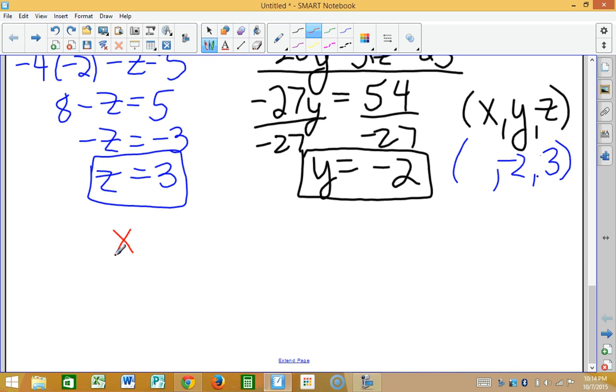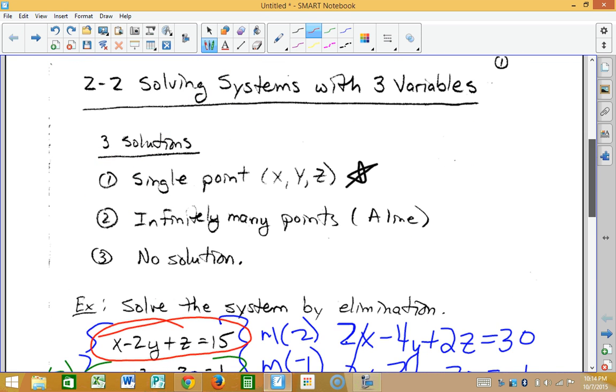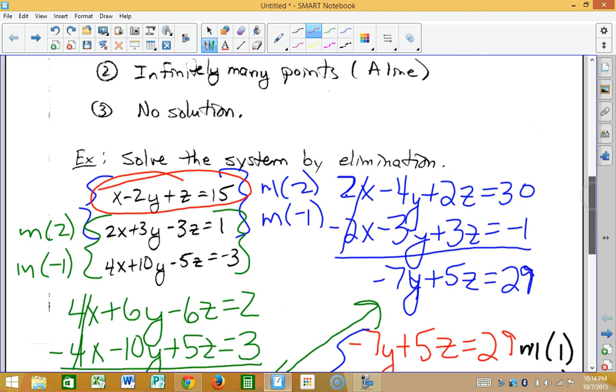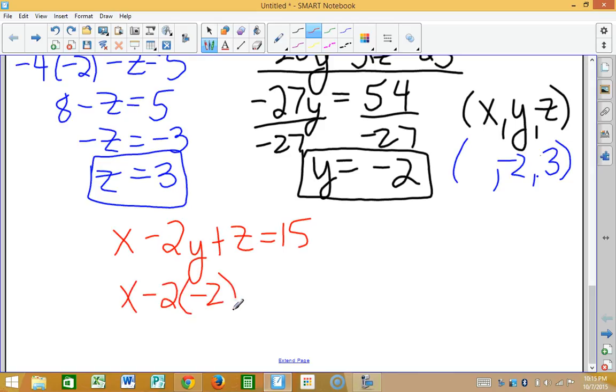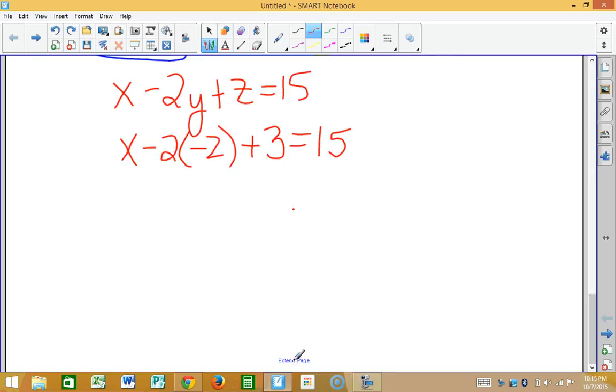So we got x, okay, so again, x minus 2y plus z equals 15. So we're going to take the 2 variables that we currently have. x we don't know. We do know y. That's negative 2. We do know z. That's 3. And now we have an equation where we can solve for x.